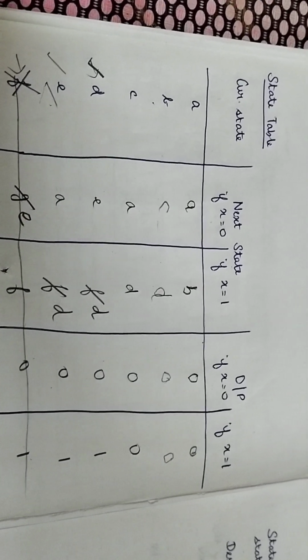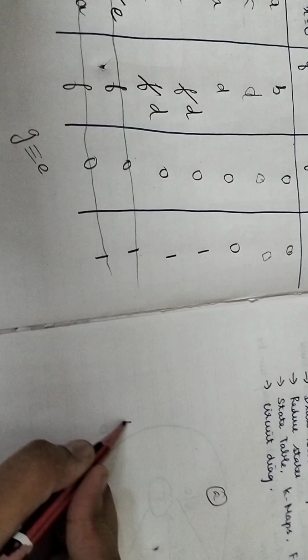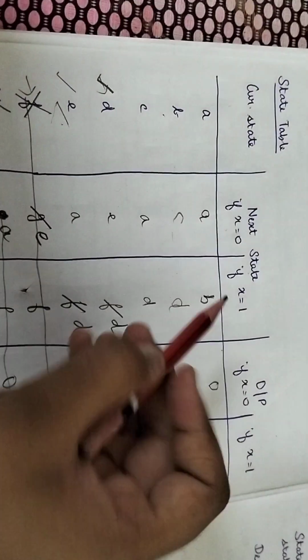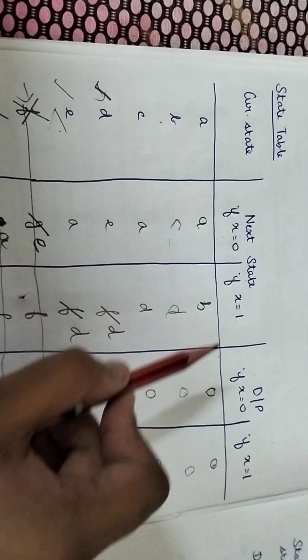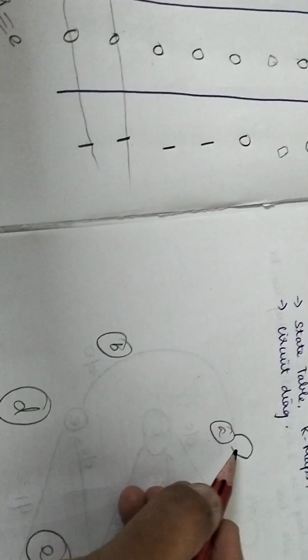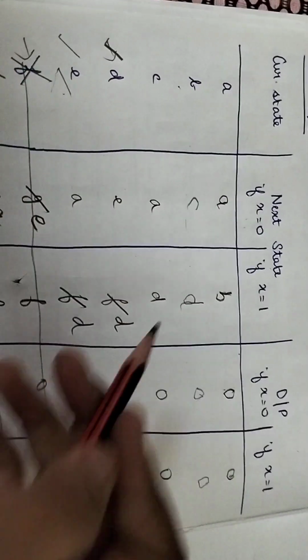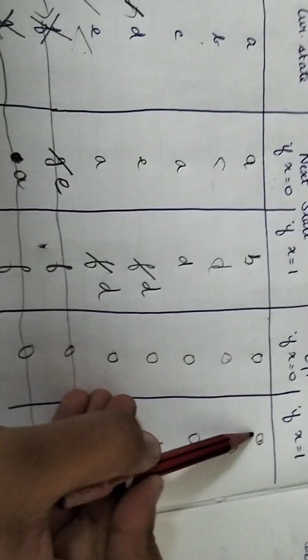So we have 5 states, A, B, C, D, E. Starting at A, if I give an input of 0, it goes to A with output 0. If I give an input of 1, it goes to B with output 0.